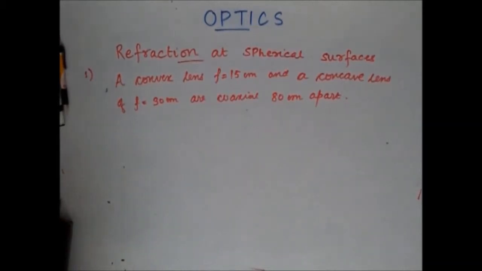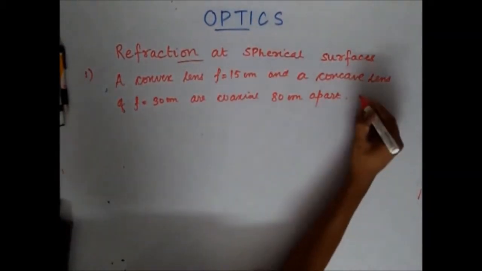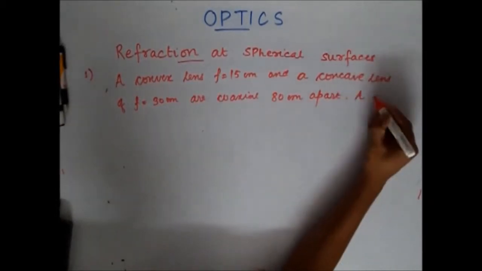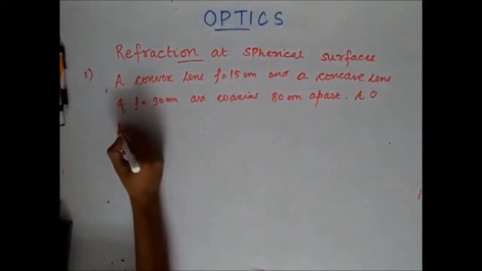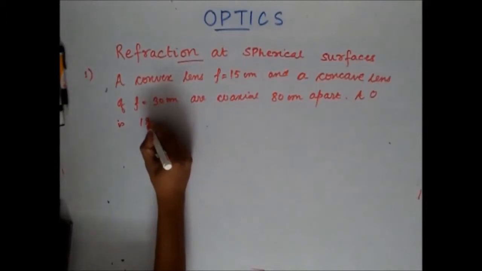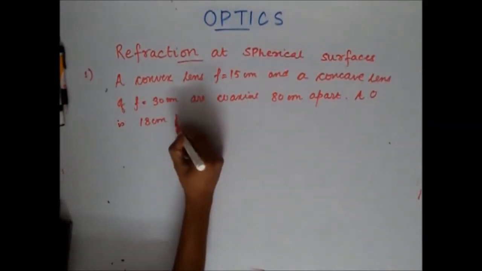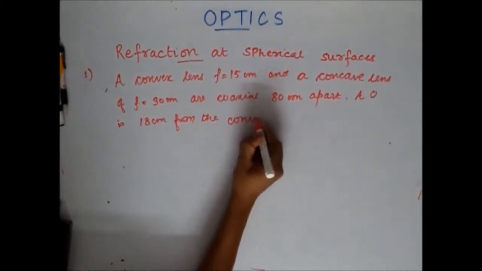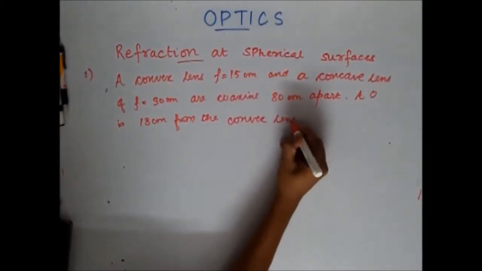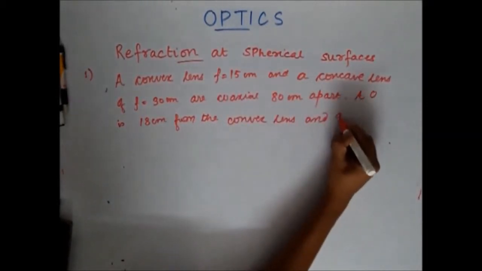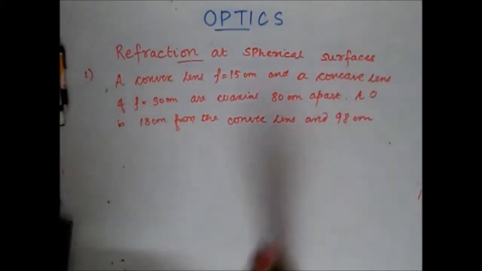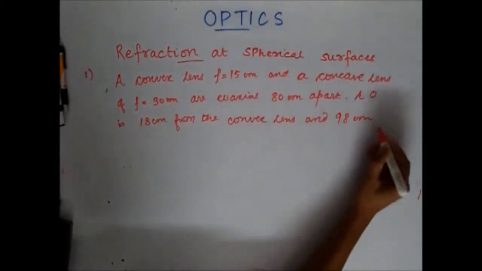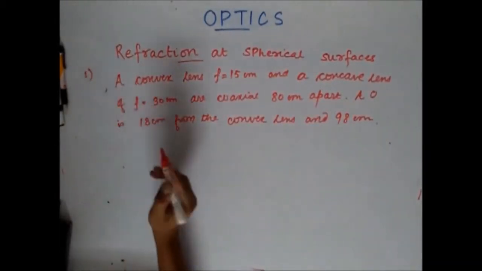Okay. Now it says that a point object O is 18 centimeter from the convex lens and 98 centimeter from the concave lens. Okay, so this is the information which has been given.